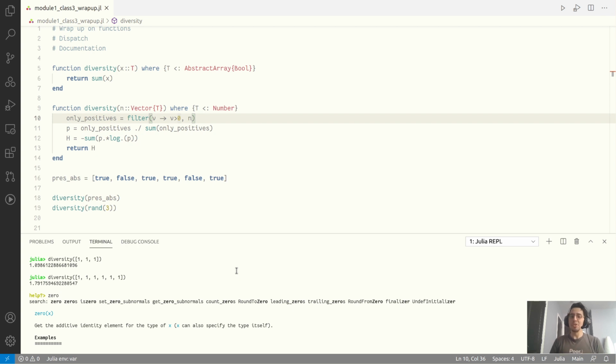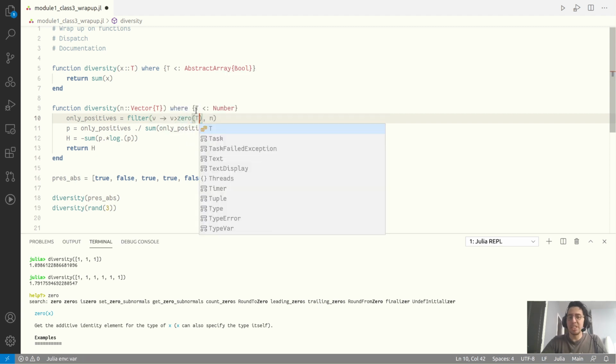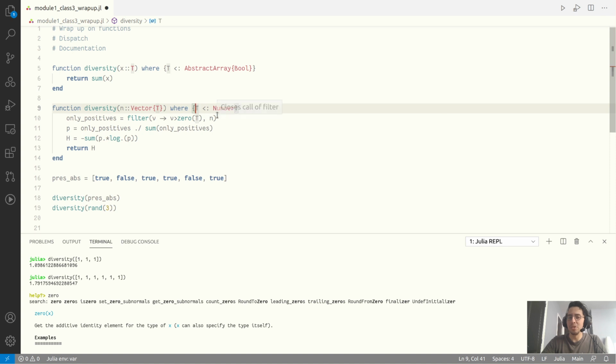Just because, remember, there's a difference between 0 as an integer number and 0 as a floating point number. So what we want is v to be larger than zero of type T, because we know that type T is going to be a number, and we want the 0 of this specific number.